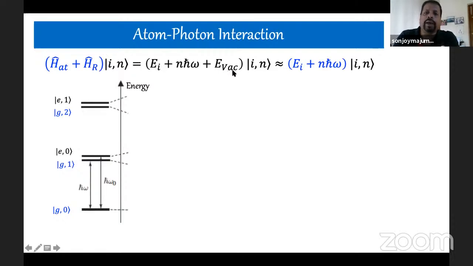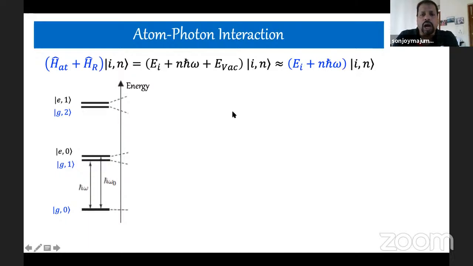This E vacuum will be there for all the composite states, so we can neglect it because we will be referring to the differences between energies. We can drop that E vacuum term throughout, keeping in mind that it is always there. So we write it as E_I plus n h cross omega for the state |I n>.